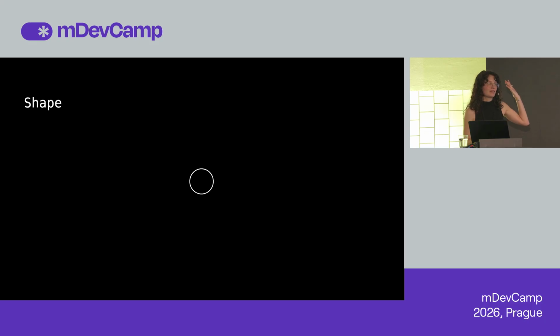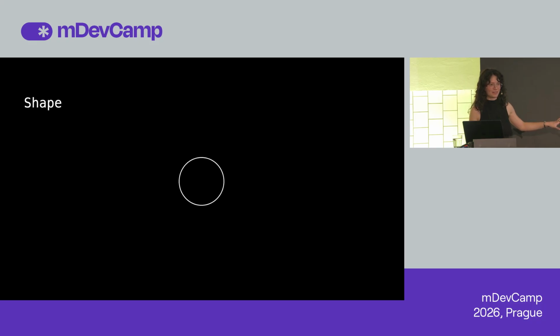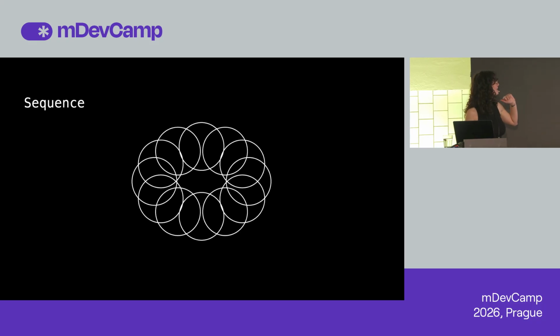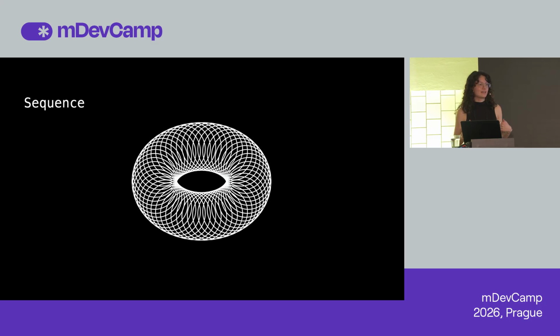So we build and layer visually. You start with a shape, something simple, a circle, let's say. Then you bring a sequence to that. You can arrange it radially or in a grid layout to start creating your composition.